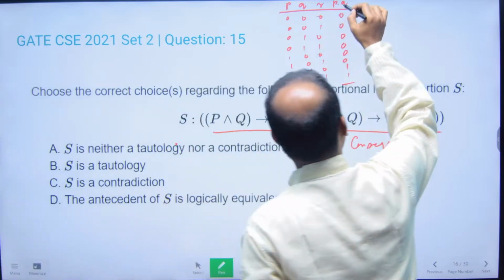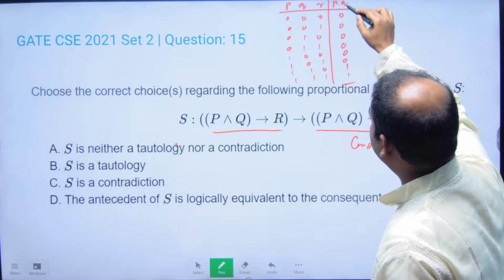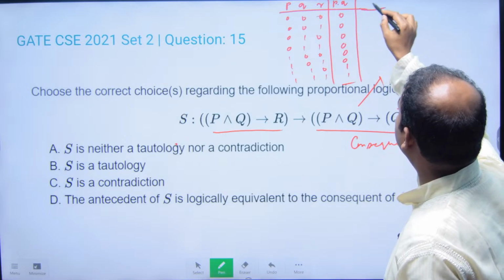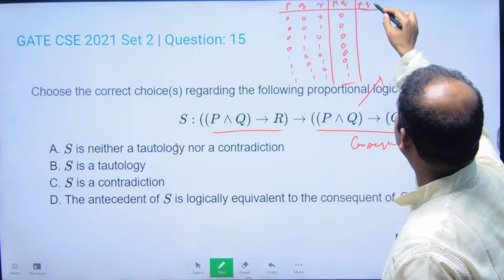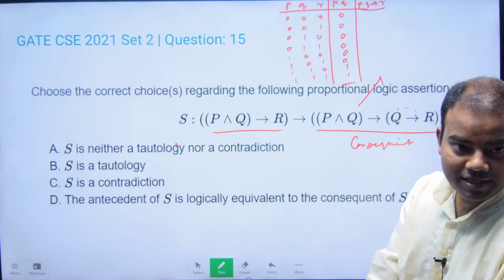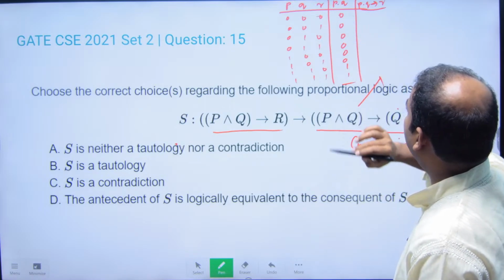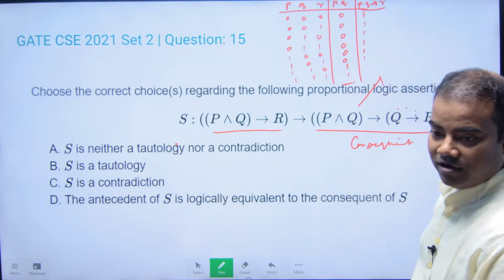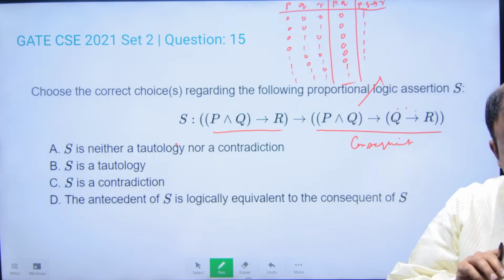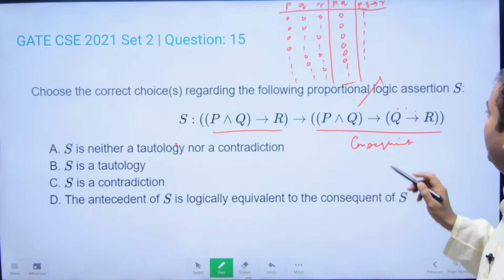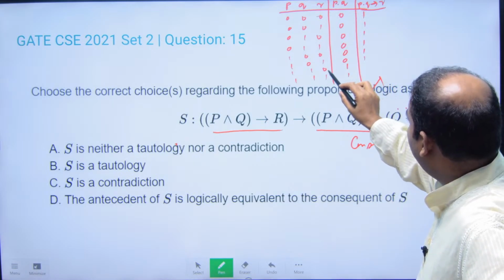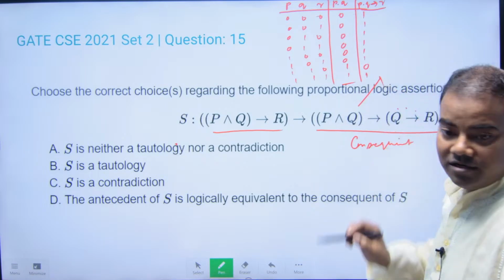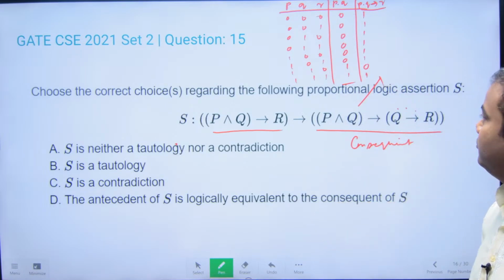What is the first condition? If P and Q, this is the first thing. If this is false, then definitely these things are 1. If the first is false, the whole conditional statement is true. Now if the first is true, then you have to check this. So here it will be 0 and in the last it is 1, because R is also true.